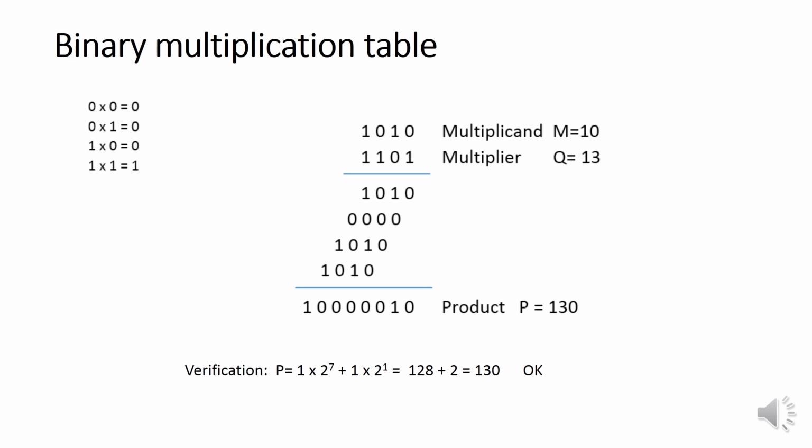And now, doing the vertical addition, this is the binary number result. So let's verify if the result is correct. 1 times 2 to the power 7, plus 1 times 2 to the power 1, is equal to 130, so the result is correct.